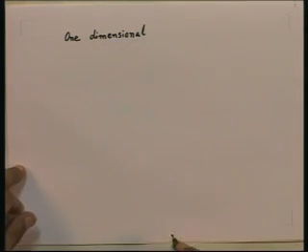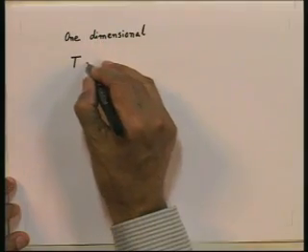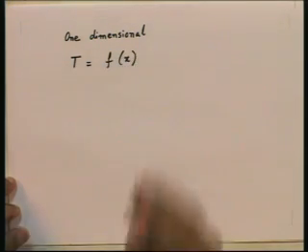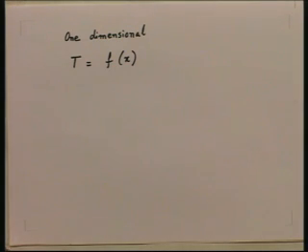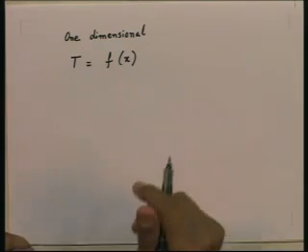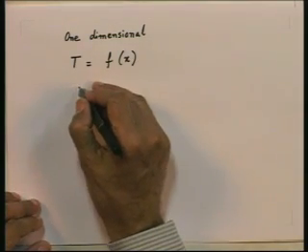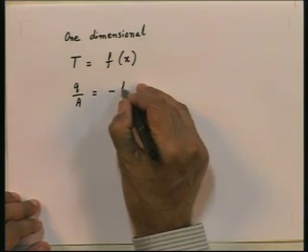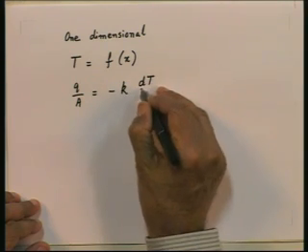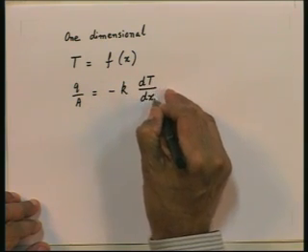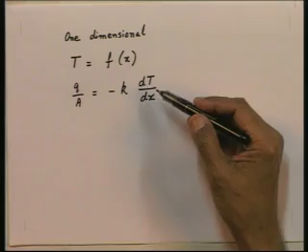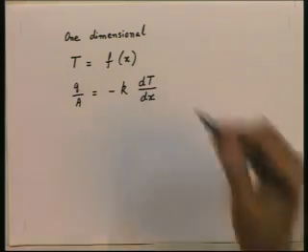And since it is steady state, the temperature in the slab will only be a function of one direction, and we will call that the x direction. Therefore, Fourier's law can be stated as q by A is equal to minus k dT/dx. Notice I am using an ordinary differential, not a partial differential. Why? Because T is only a function of x.